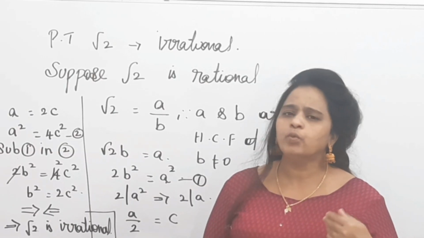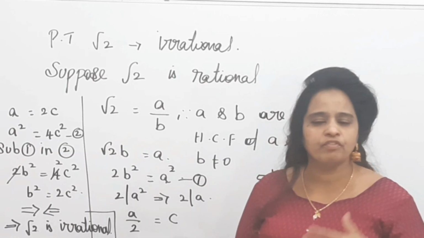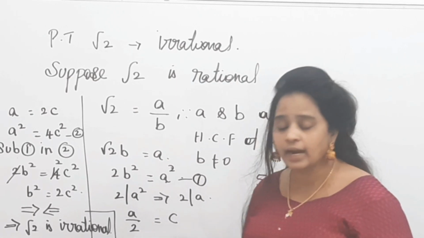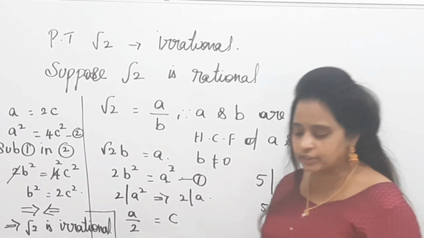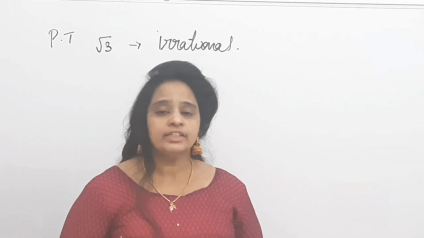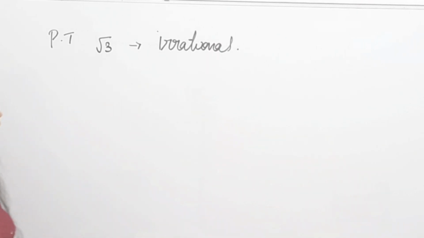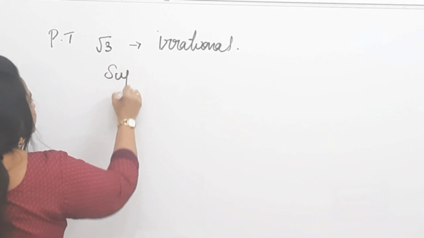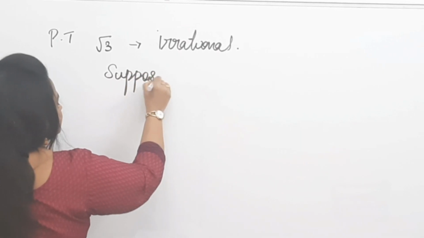Similarly, children, we would be proving root 3, root 5, root 7; all these are the same concept. For your understanding, let me prove root 3 also. So now children, we prove root 3 is irrational. So how do we prove? Suppose root 3 is rational.